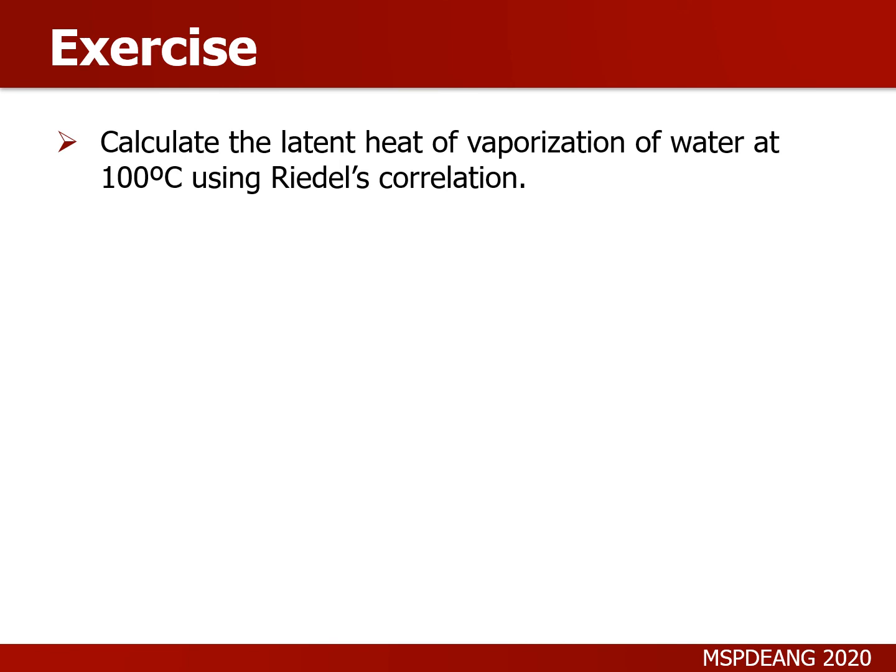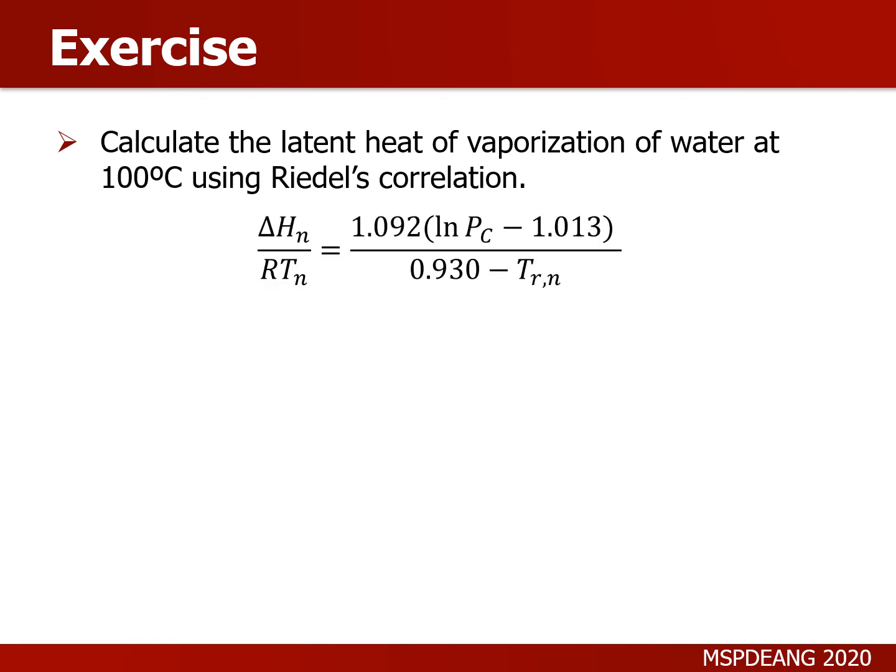Okay, so to illustrate this, let's calculate the latent heat of vaporization of water at 100 degrees Celsius. So we know that 100 degrees Celsius is the normal boiling point of water. Yes, so using the Riedel correlation, delta Hn over R Tn is equal to this equation. So we now need to get the values of the critical pressure and the critical temperature and the normal boiling point.